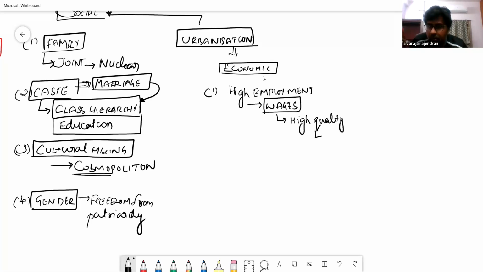This is how you should write it. For economic impact, you should say higher employment, higher wages, and hence higher quality of living. Higher quality of living is not an economic impact. Higher quality of living is a consequence. Right, it's a consequence.